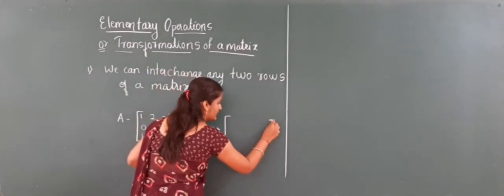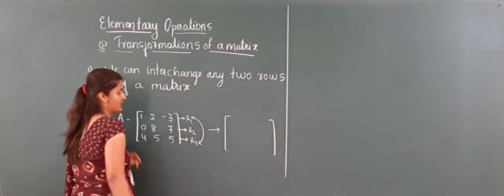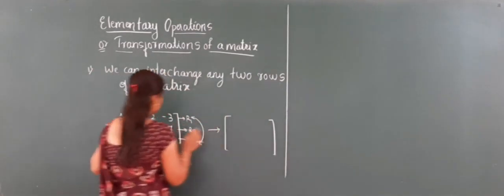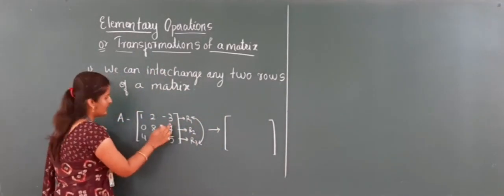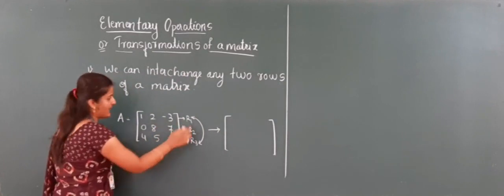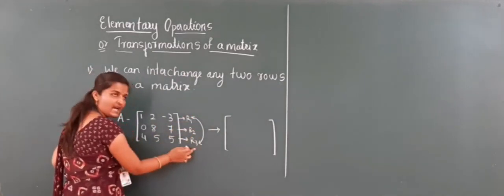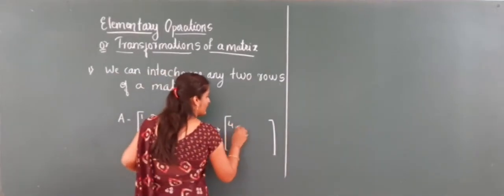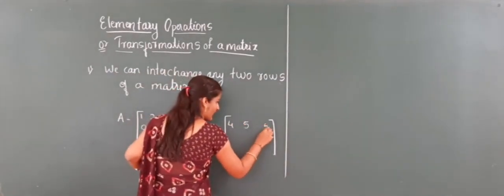After applying this elementary operation, you will get another matrix. Here I have to write the first row, but I am interchanging R1 to R3, so the first row I have to write as R3: 4, 5, 5.